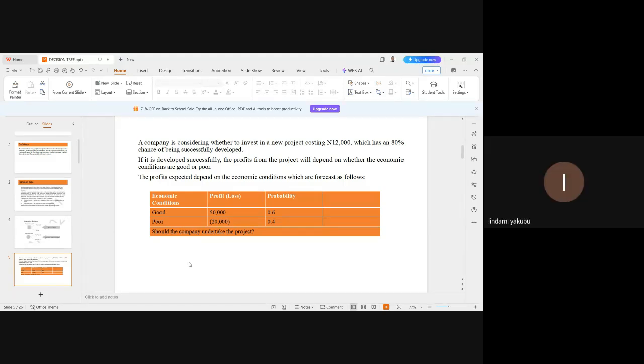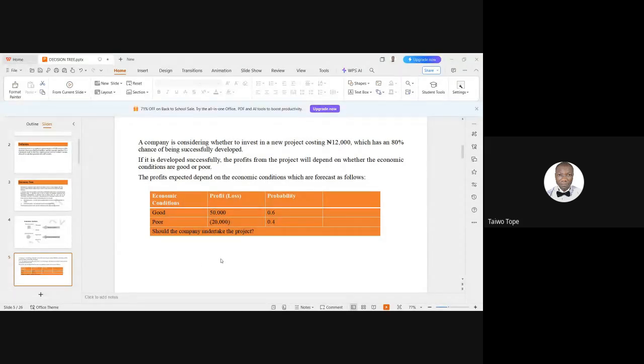So at this point of you making a decision, the project has an 80% chance of being successfully developed. Now, what is the chance of it not being successfully developed? 20%. Fine. They will not tell you, but once you have anything in percentage, overall it should result in 100%.